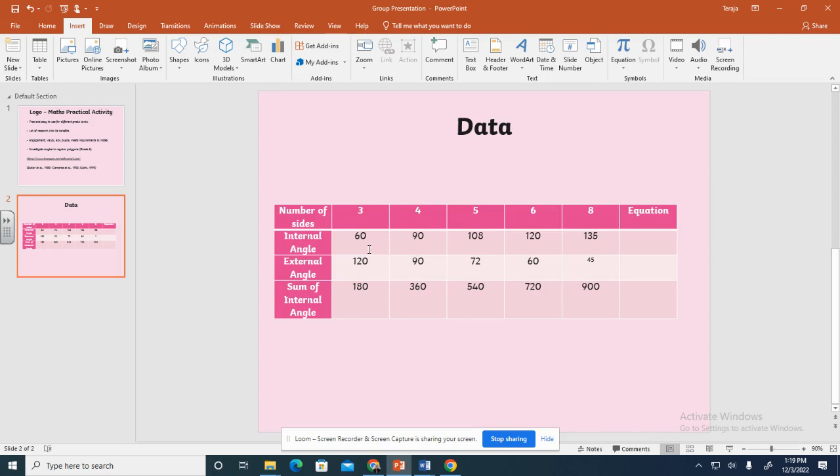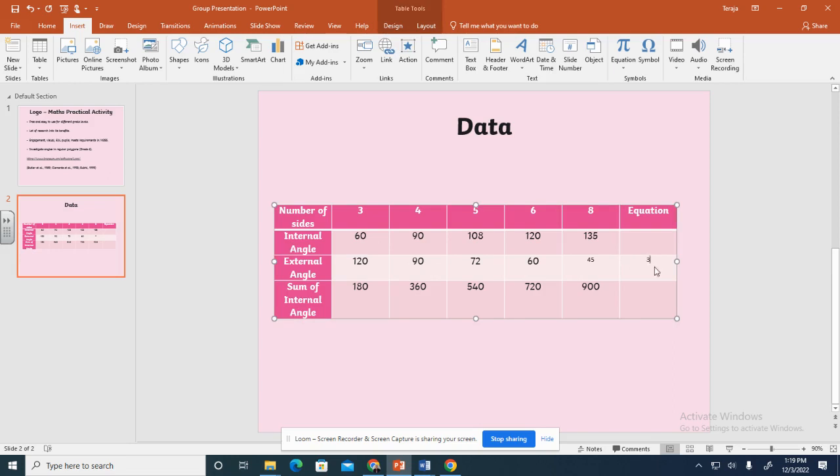So they may see, for example, that the sum of the internal angles increases by 180 each time, that the internal and external angles add up to 180 degrees, and then you may ask them to look for some equations or some general rules. And again, we're doing this inductively. The children are using the data to find this for themselves.